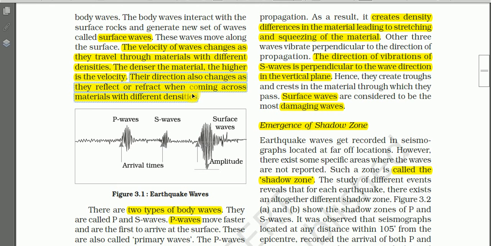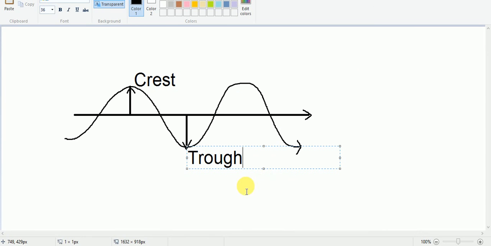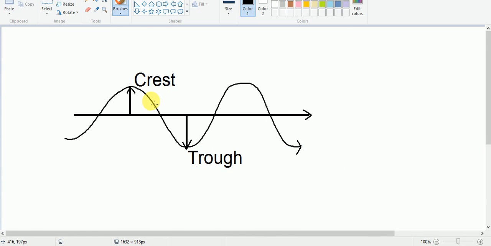Direction of the waves changes as they reflect or refract when coming across materials with different densities. Even in physics you have learned about reflection and refraction.